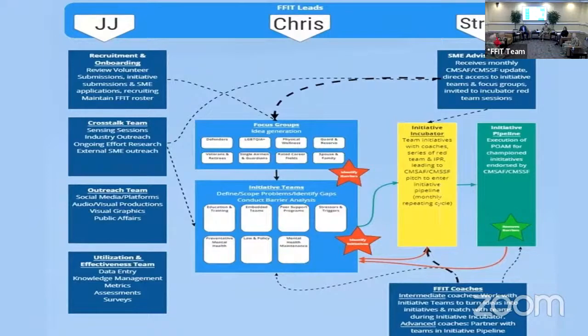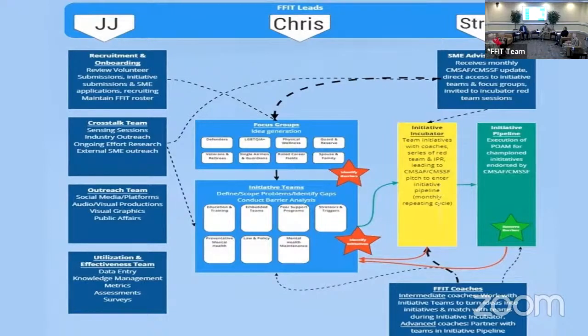So we developed a process by which we can onboard them and have them be a part of it as much as they can, because we all have regular lives as well. We receive those submissions and take them through, and we also maintain this roster because sometimes the demand signal changes and we need more people for different things. That allows us to have a good sight picture of our human capital, how we actually go through FIT.